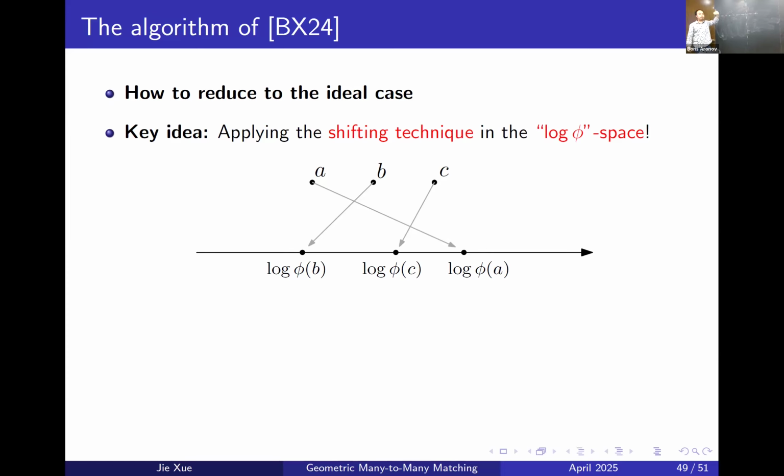So you only lose an epsilon fraction of the total length. That is the ideal case.